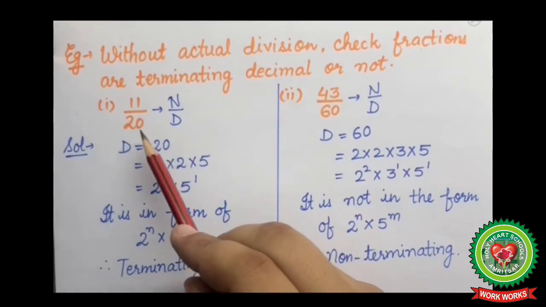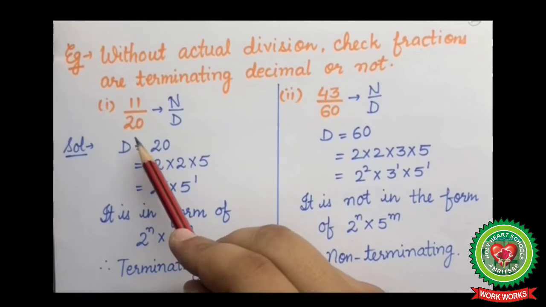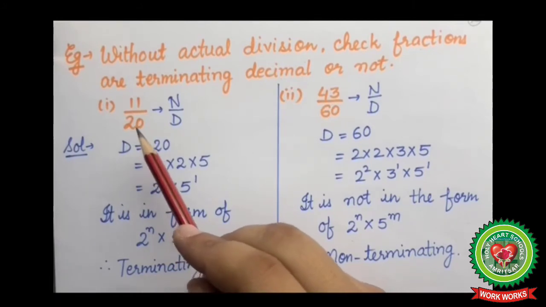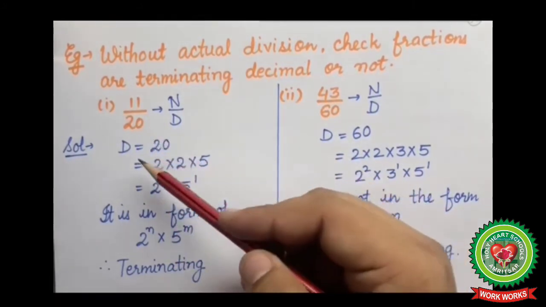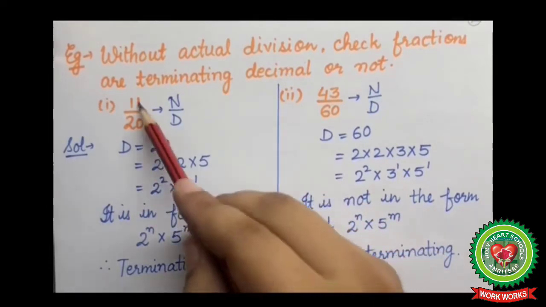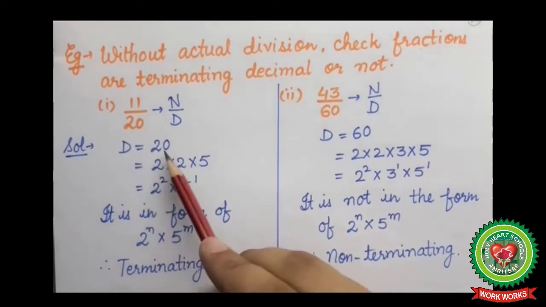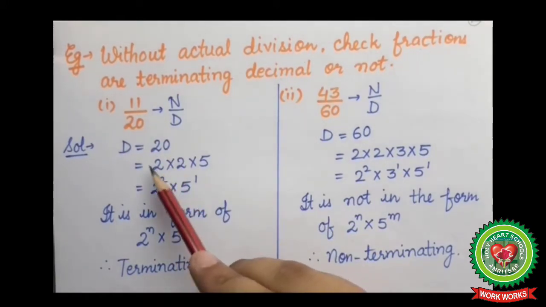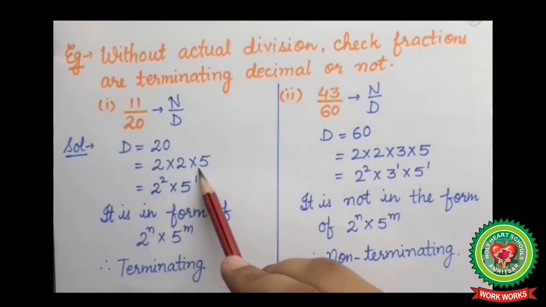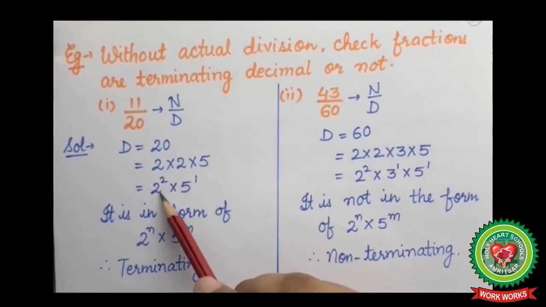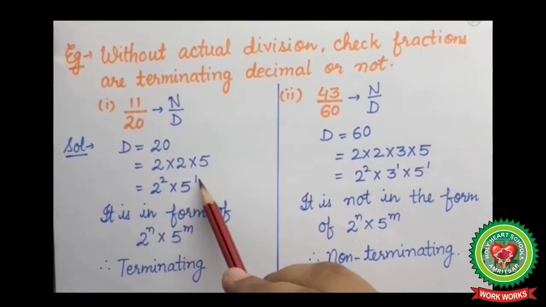If the given fraction is not in its simplest form, first of all we'll do the cutting and then we'll see the denominators. Now here the fraction is in the simplest form and the denominator is equal to 20. So the prime factors of 20 will be 2 into 2 into 5, that is 2 square into 5 raised to power 1.